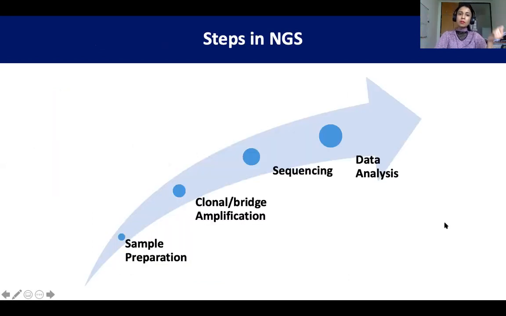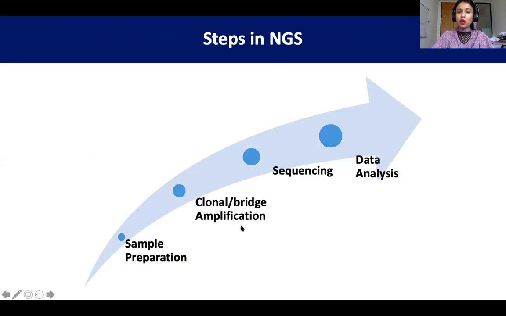Right. So moving on, these are some of the major steps involved in NGS. First is, of course, to prepare your sample. You do your genomic DNA extraction. You can use spin column technology, or you can also, of course, use phenol-chloroform extraction methods. And then you have to prepare your library. That is also a very short procedure, probably a day or less than a day, maybe just a few hours. You can finish preparing your library.